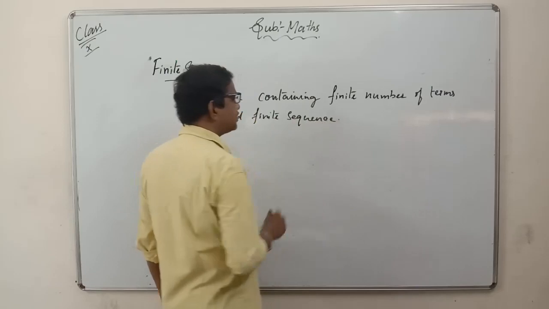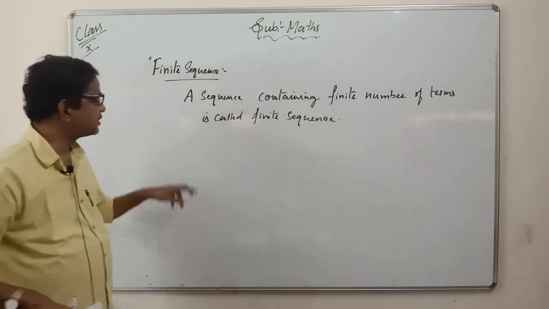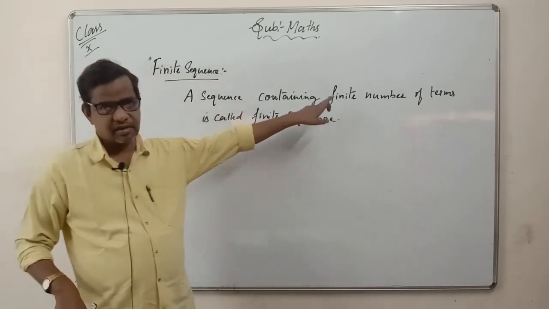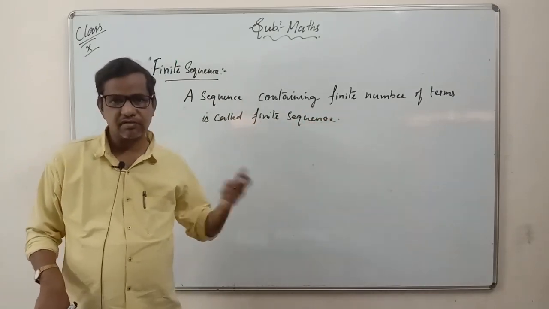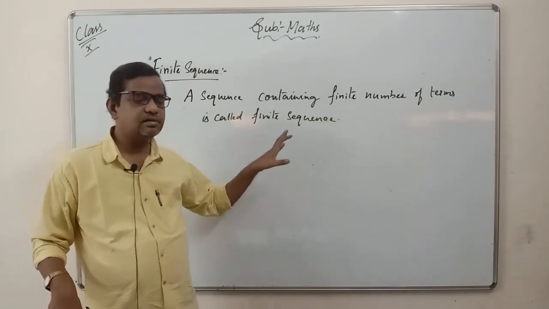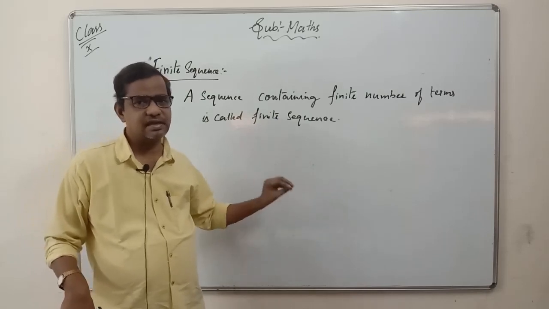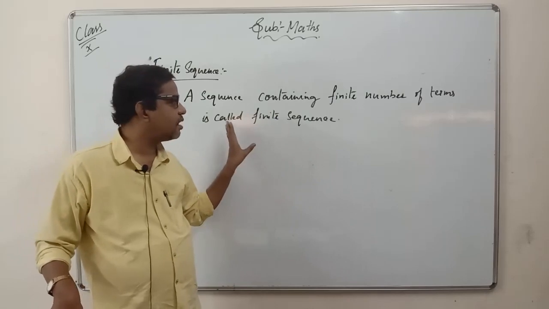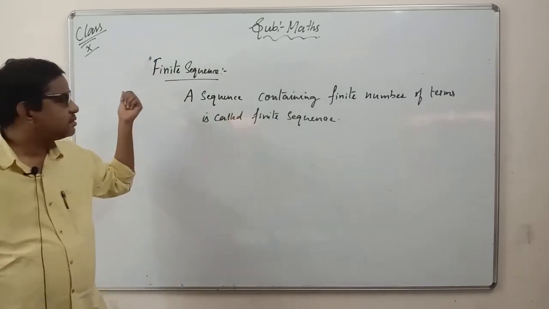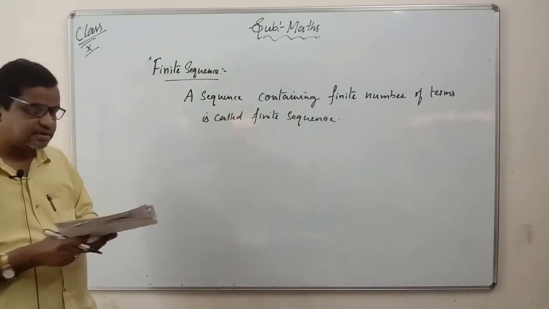So any sequence which has a finite number of terms. Finite number of terms means they are countable, which you can count. In common words, we can say it has an end, somewhere it ends. So those sequences are called finite sequences.